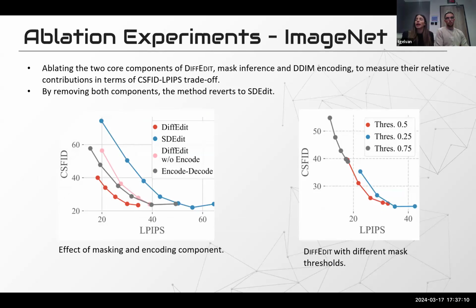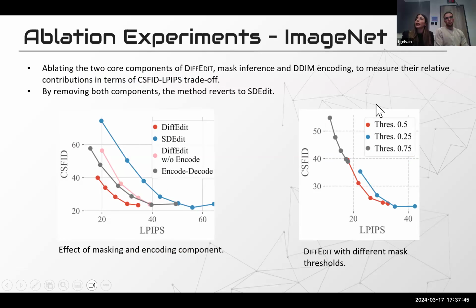So let's see some results. Here we can see the ablation experiments on ImageNet. We keep in mind that LPIPS and CSFID are two metrics where lower scores are better. So we can see that DiffEdit outperforms all other methods. We can see here in the ablation studies, DiffEdit without the encoder performs worse. So the encoder technique of the DDIM reverse step has a high impact.